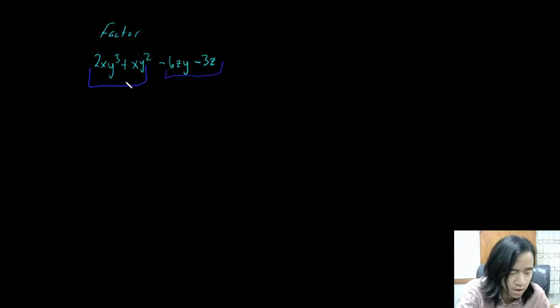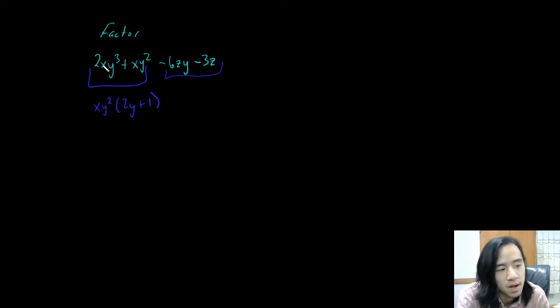Right now I'm going to GCF the first pair, and I'm going to be taking out an xy squared, and I'm going to be left with 2y plus 1 on the inside. So I'm just taking out what they have in common. They have an x in common, and they have 2 y's in common. So that's why I can take out an xy squared.